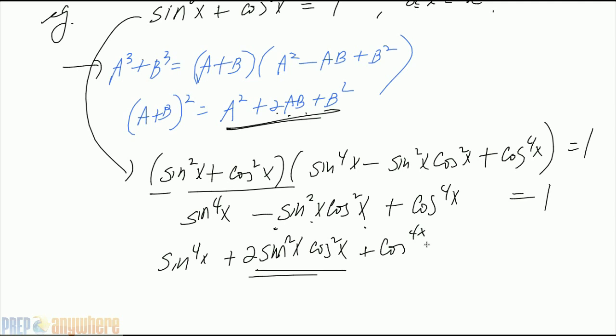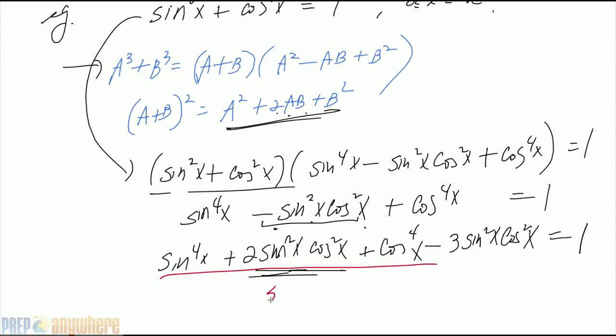but I can't just add. So I gotta subtract the exact same amount, combine it with this, and we will get 3 sine squared x and cosine squared x. Okay, so this here, the whole thing will just combine to this again, which is 1, right?